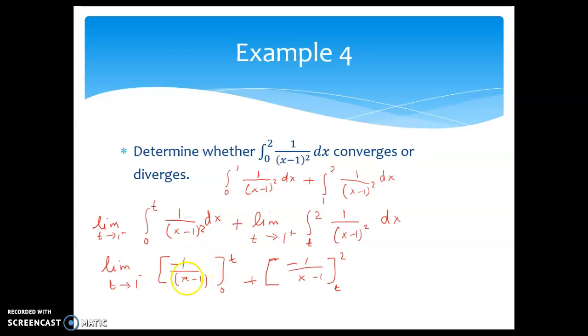If one of them diverges, that means the whole thing also diverges. So let's consider only the first part and see whether it diverges or not. Here we say limit as t goes to 1, and we substitute x equal to t, so I have negative 1 over (t minus 1).